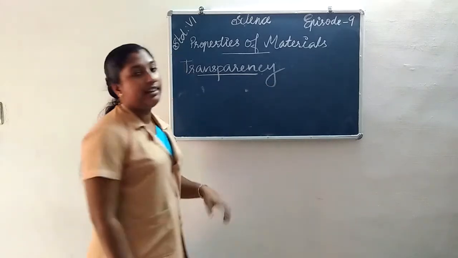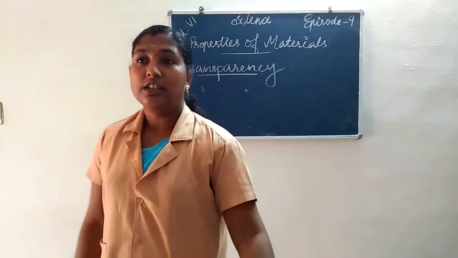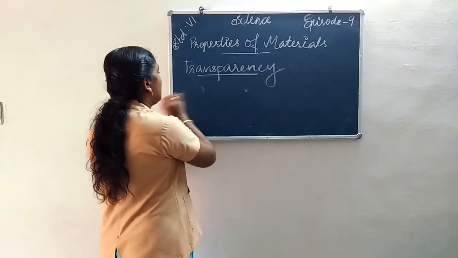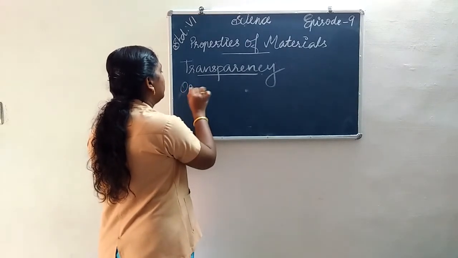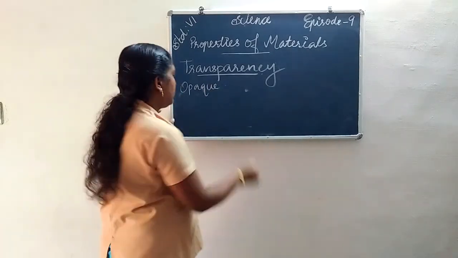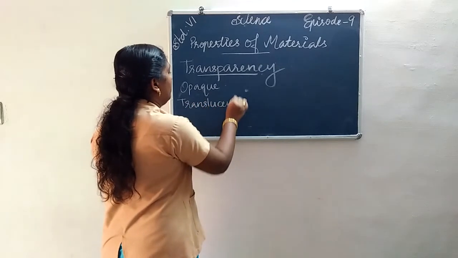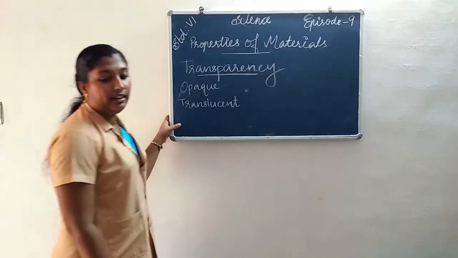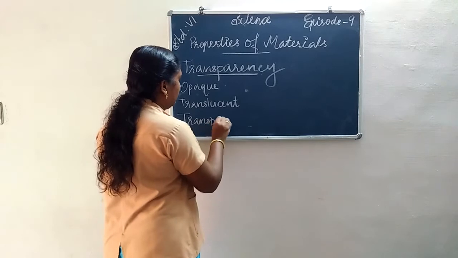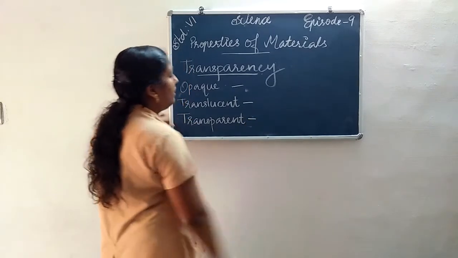Next one is transparency. What do you mean by transparent? On the basis of transparency, the materials can be classified into three types: opaque, translucent, and transparent.